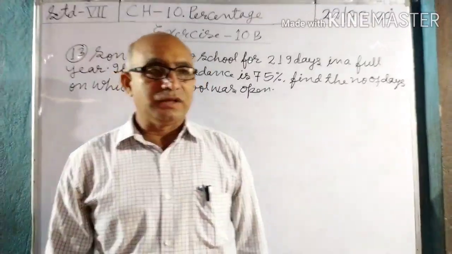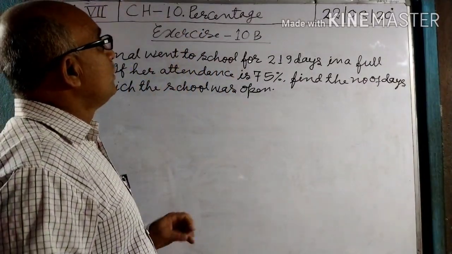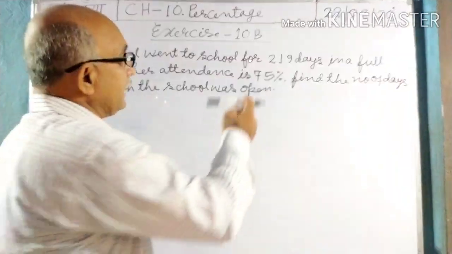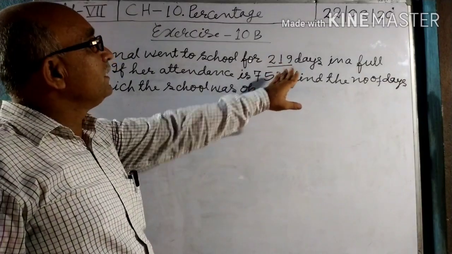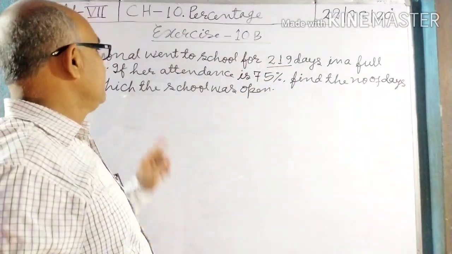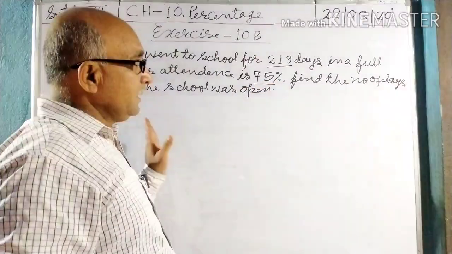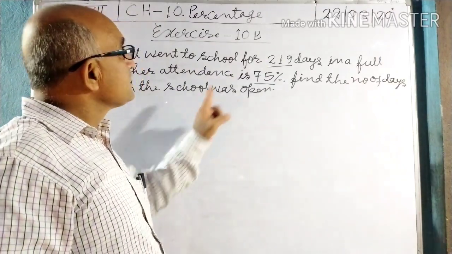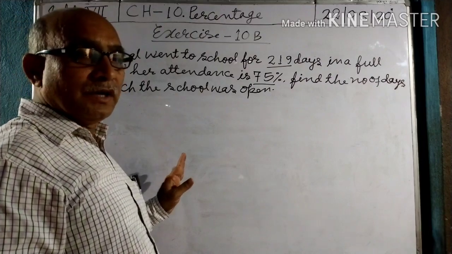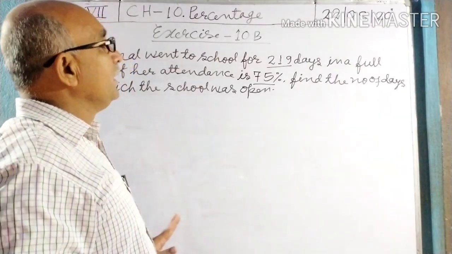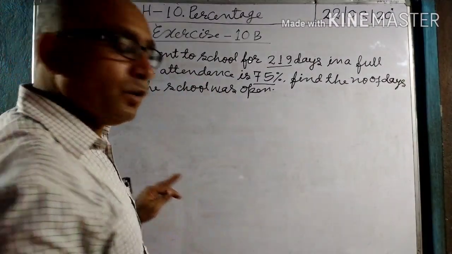Students, next question is question number 13. Sonal went to a school for 219 days in a full year. If her attendance is 75%, find the number of days on which the school was open.